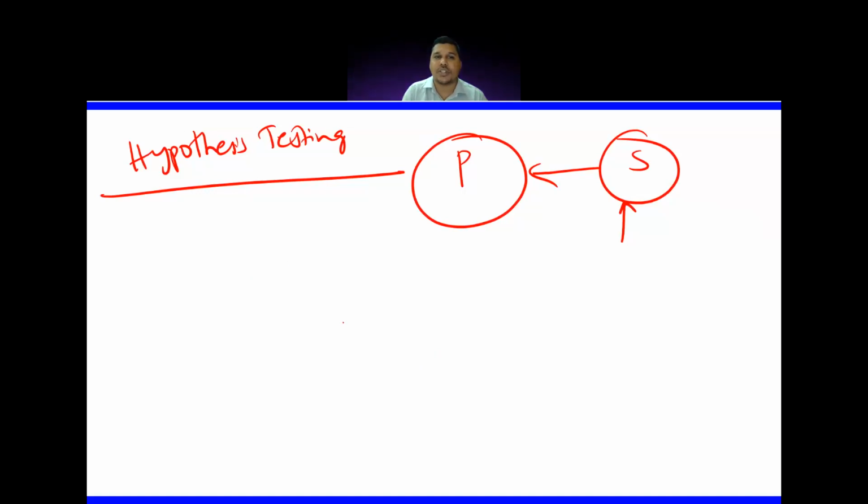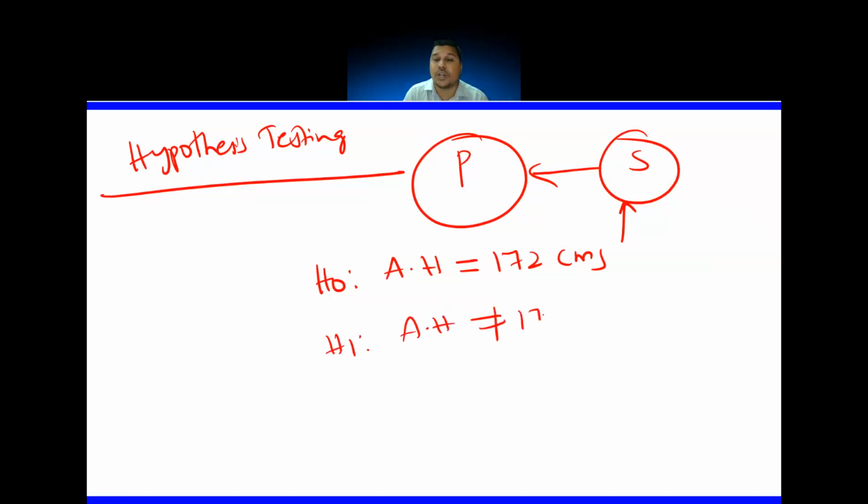Okay, so let me take an example of hypothesis testing again. I will take the heights of the students at NIT Trichy. H naught is the average height is equal to 172 centimeters at NIT. And my H1 will be, I want to say the average height is not equal to 172 centimeters. So how do you derive that?